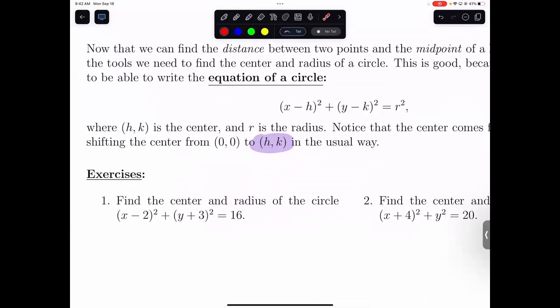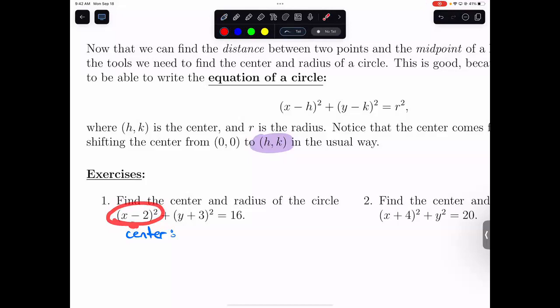So take a look at this first example. There's an equation of a circle. What does that x minus 2 do to shift the circle? Moves everything 2 to the right.